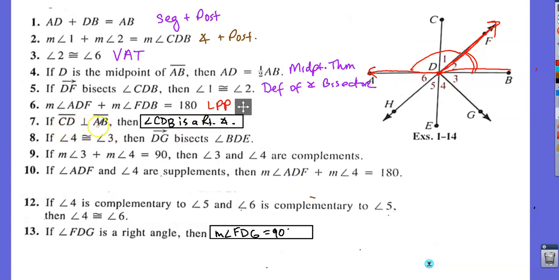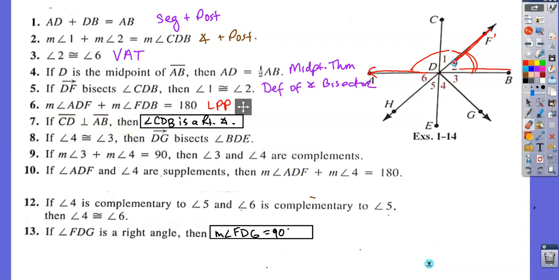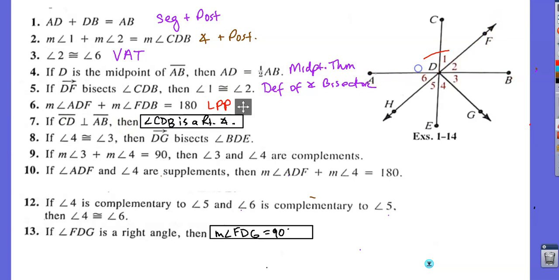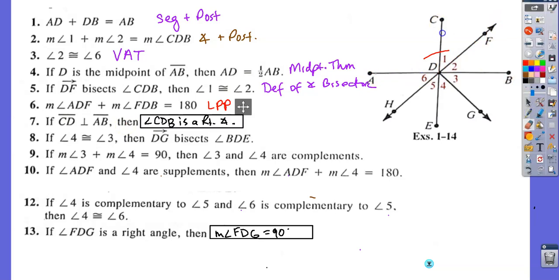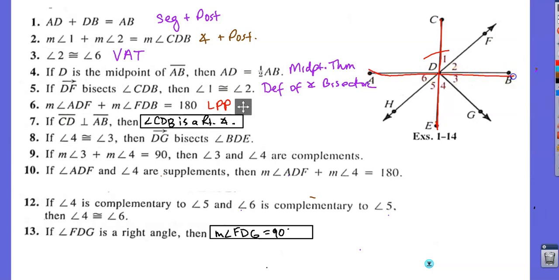Okay, here's a new one. If CD is perpendicular to AB, so let me find those two lines. If CD, this line, is perpendicular to AB, then CDB is a right angle. Perpendicular forms a right angle.